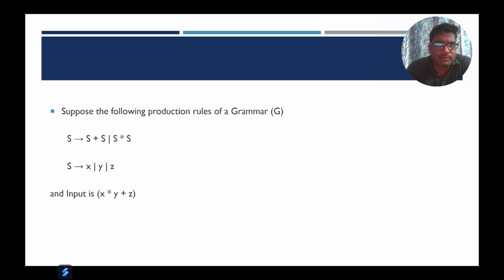Right? Let us check how it is generated by substituting step by step.